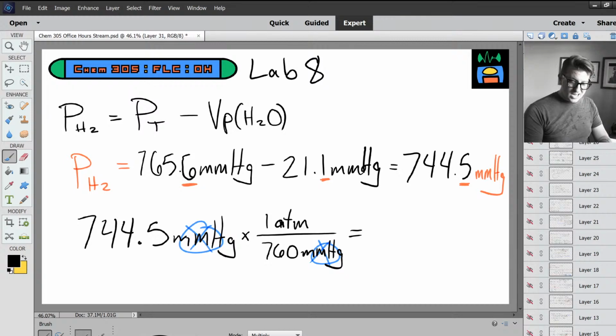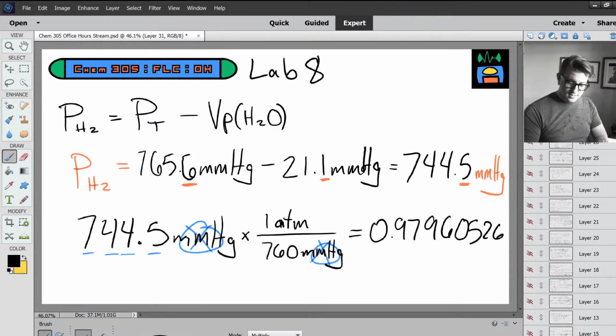So if we start with 4 sig figs, our answer must also have 4 sig figs, and when you divide 744.5 by 760, the numerical value comes out to be 0.979960526.